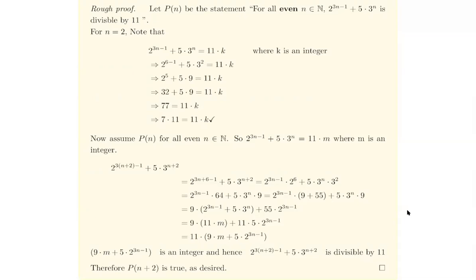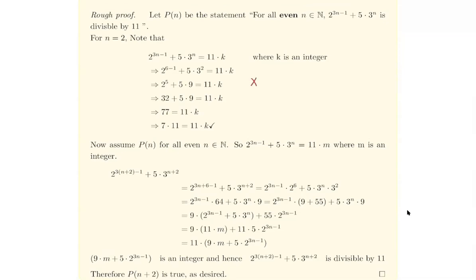Okay, so someone said the base case is wrong because it was not proved. And you said it assumed for all, so that's wrong as well. And someone said it starts with the conclusion in the proof.